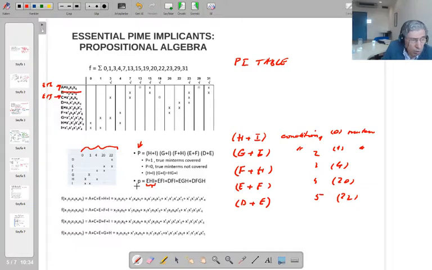P equals 1 is the condition that I am looking for. So this tells me when we choose the prime implicants E, H, and I, then all these true minterms are covered. That was my aim, to find out the minimal number of prime implicants which covers all the true minterms which are not covered by essential prime implicants.